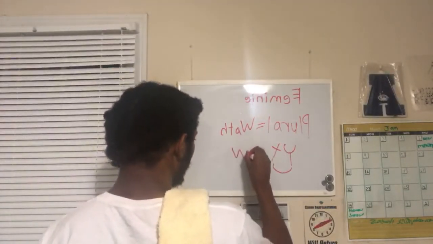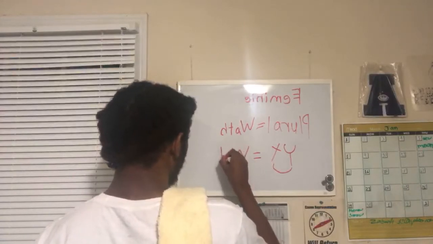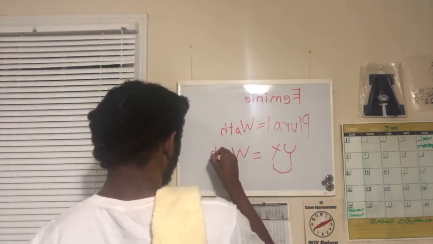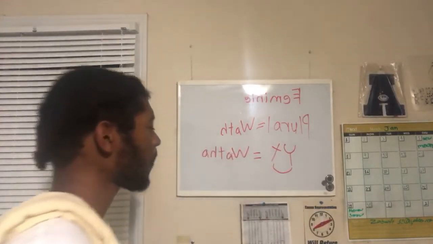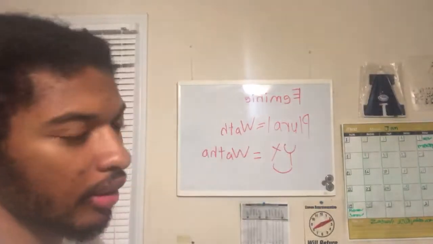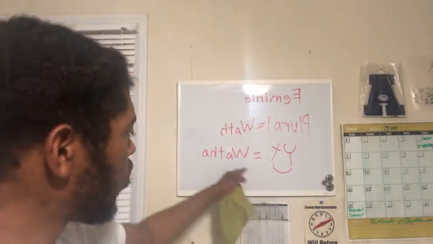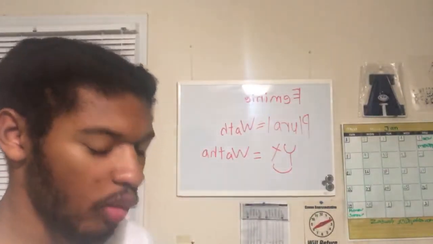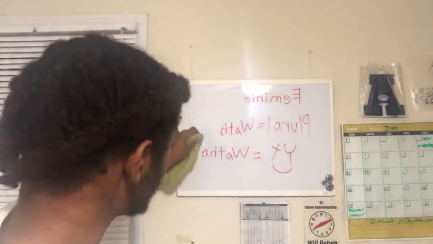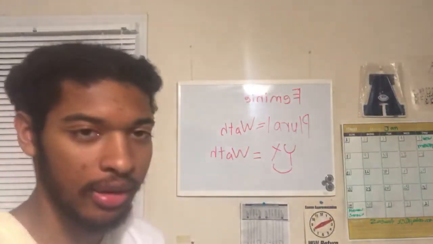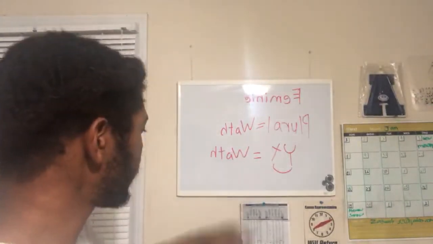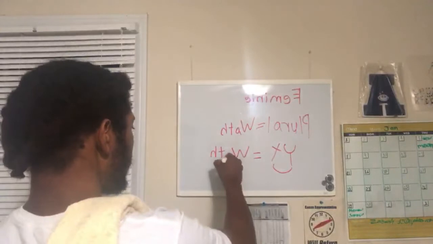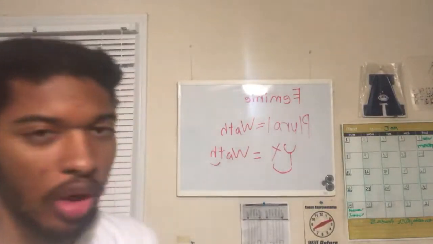Instead of wath, you will have wa, tha, ah. Right? You have wa, tha, ah instead of wath. So you have to drop that A at the end, and it'll make it wath.